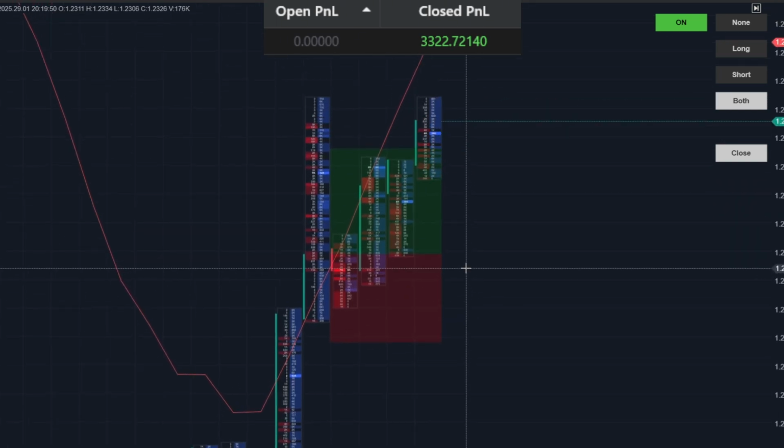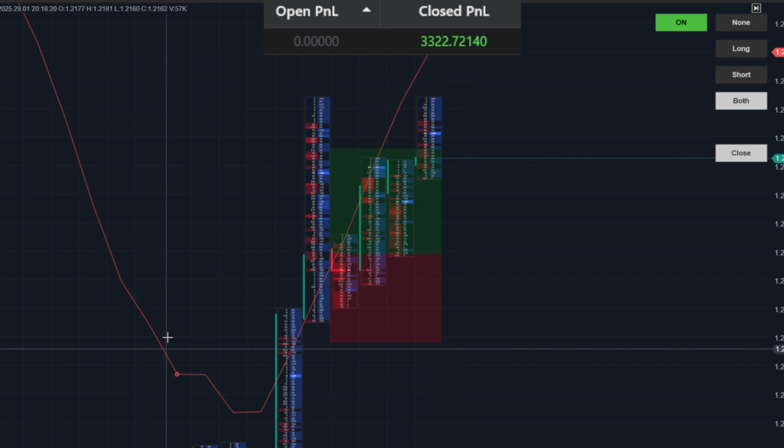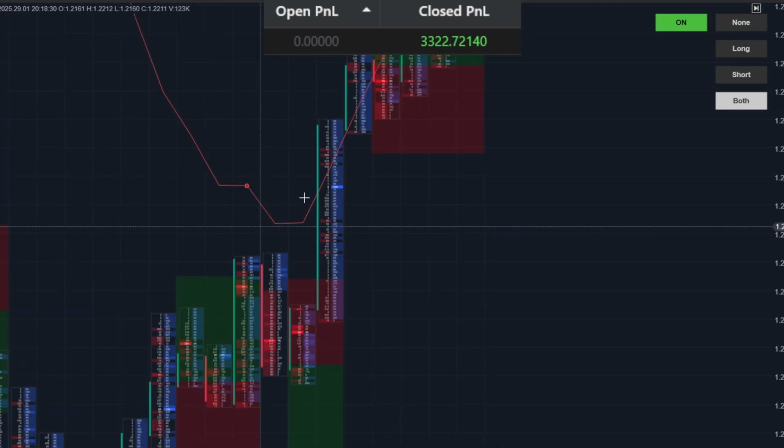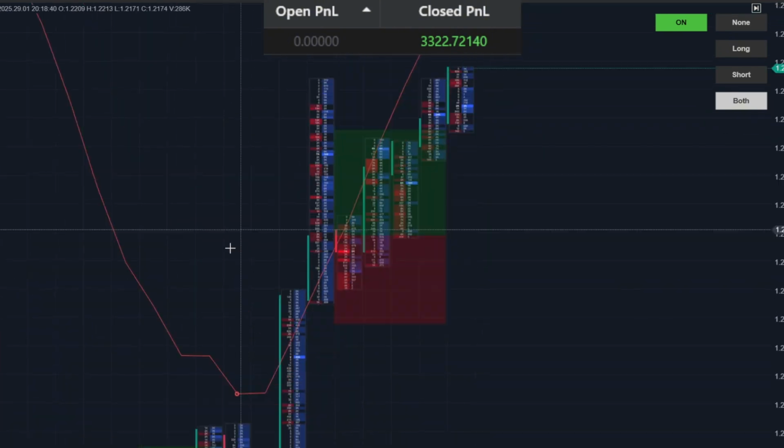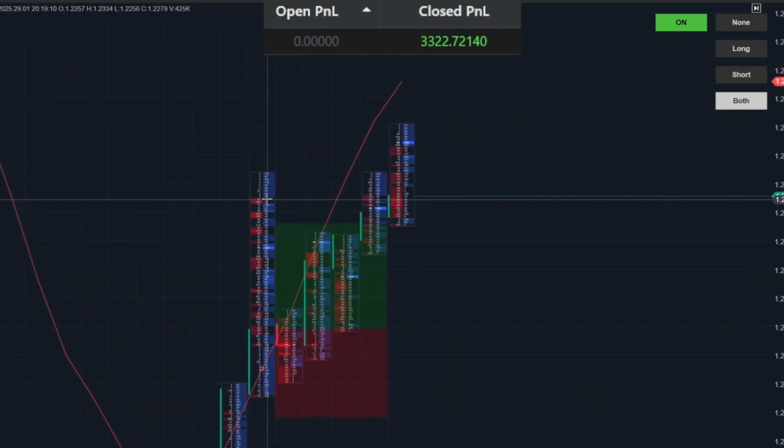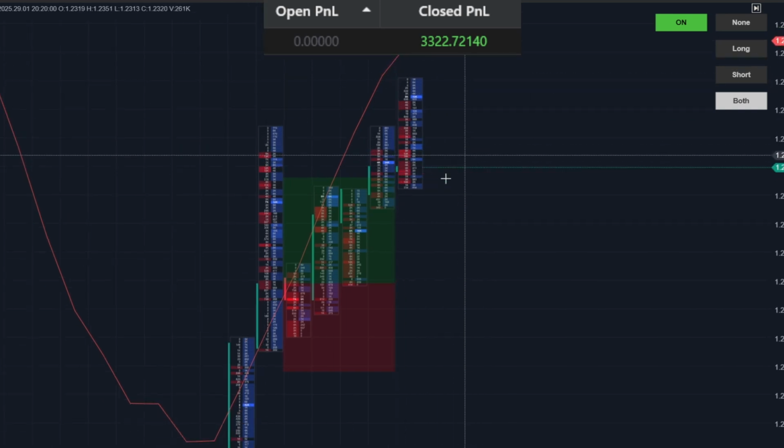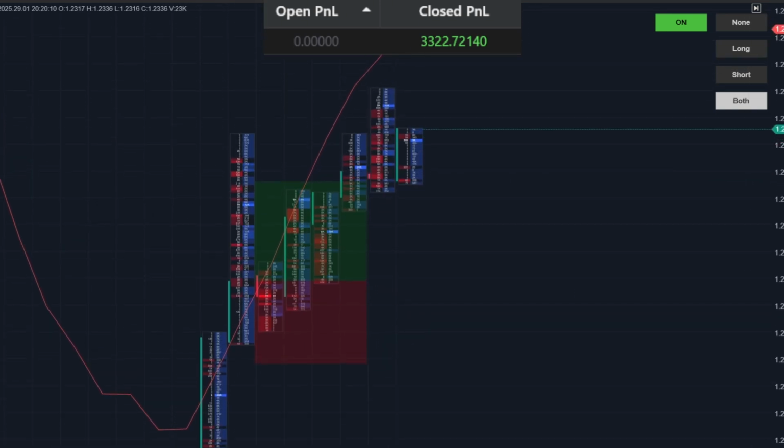Let's see if we can get one more trade. That's the thing, when you're on a winning streak, you get greedy, but you need to know when to stop as well. So I'm going to keep it on both. We are a little overbought here, but not quite at the upper band.